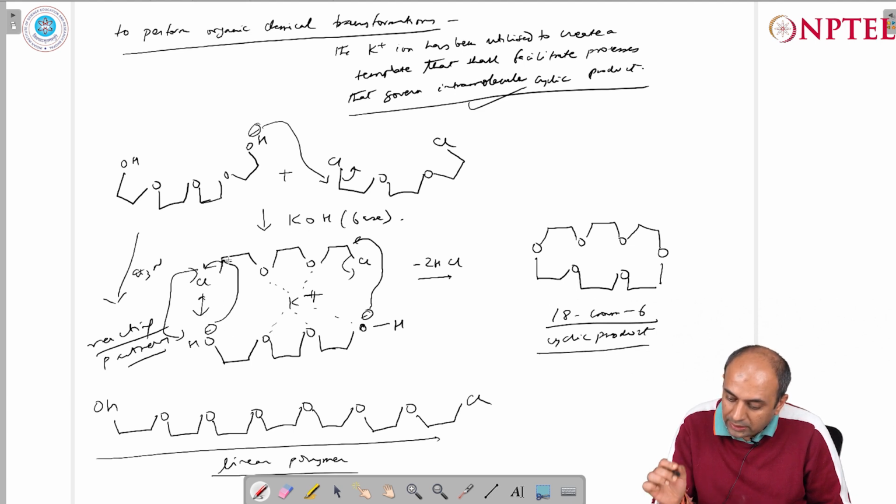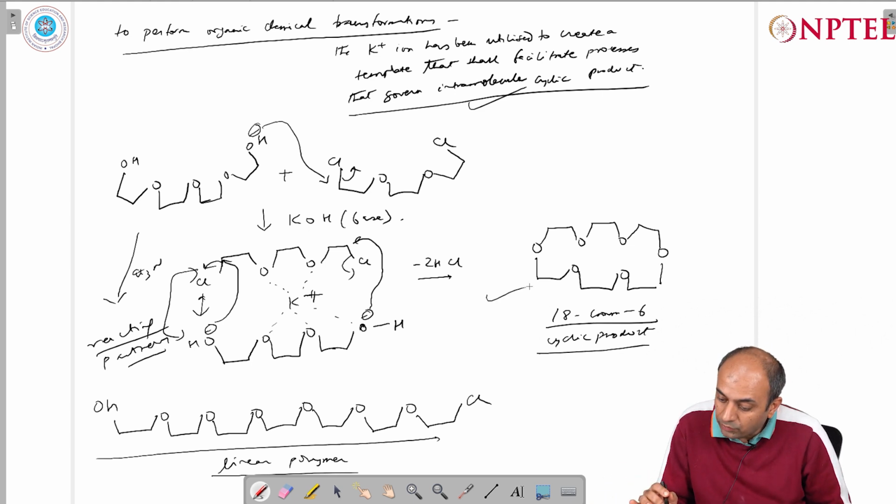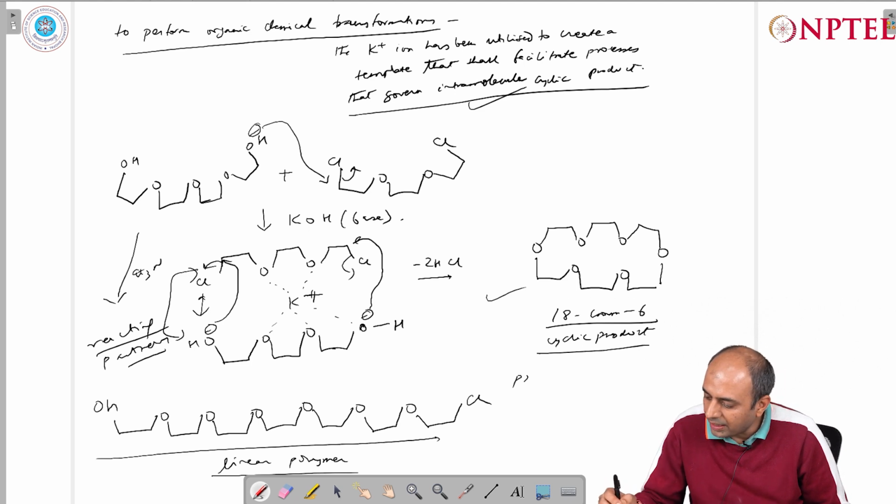The SN2 reaction can take place, and the cyclic product formation happens in a very facile way. The rates of the reaction are tremendously enhanced, and the entire process is catalyzed via this template formation, and this is referred to as the primary template effect.